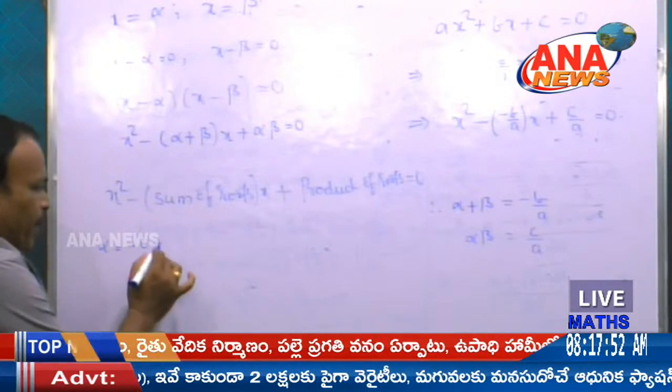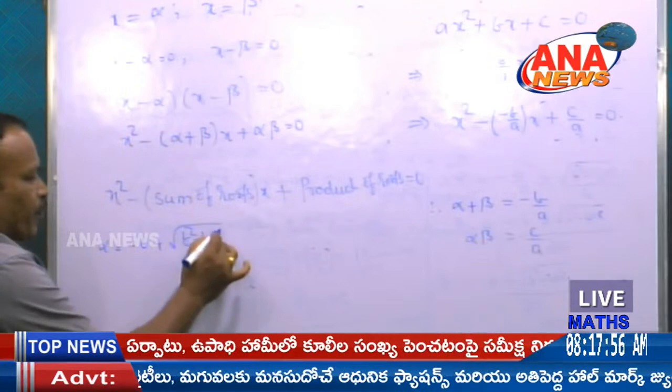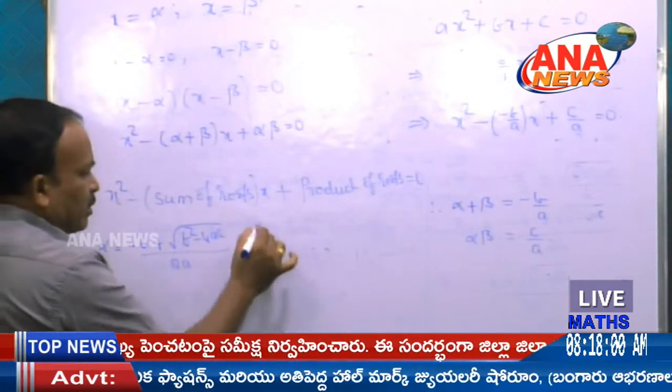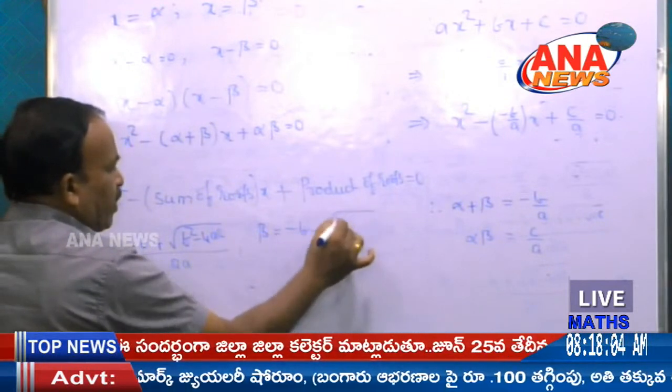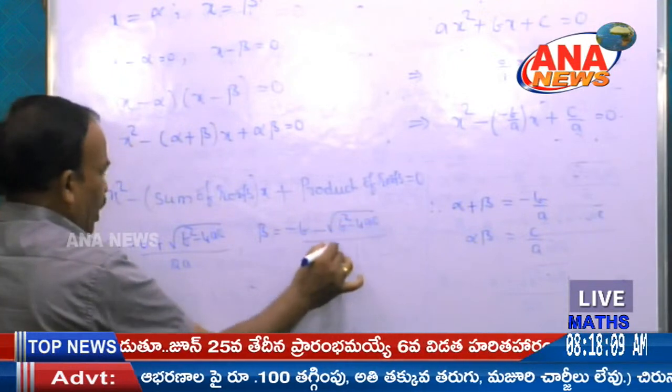Already we know alpha is equal to minus b plus root over b square minus 4ac by 2a, and beta is minus b minus root over b square minus 4ac by 2a.